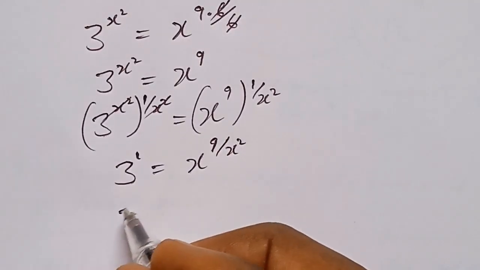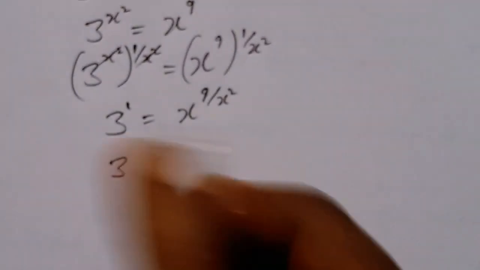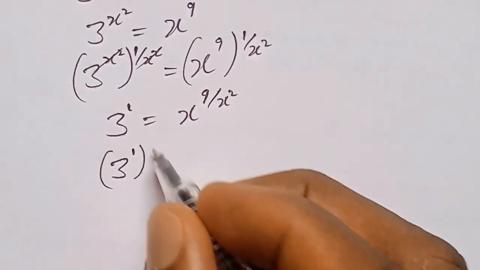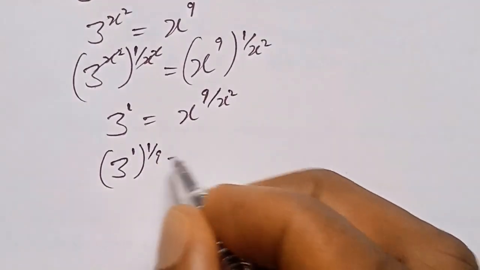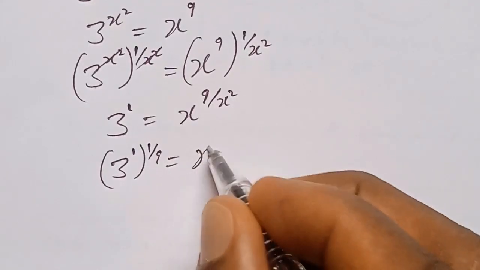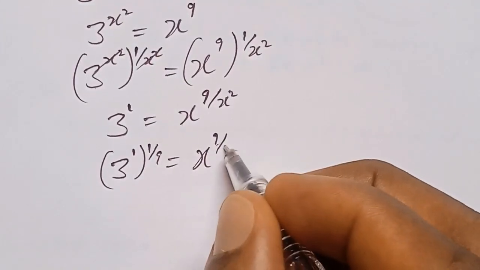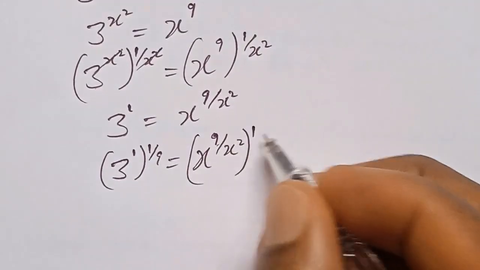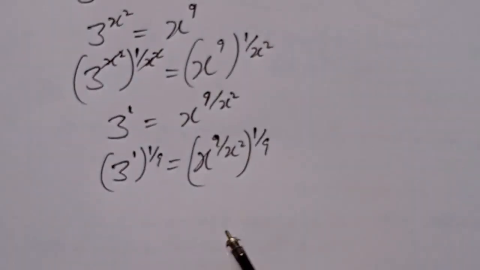So we have 3 to the power of 1 in brackets 1 over 9 equal to x to the power of 9 over x squared in brackets 1 over 9.